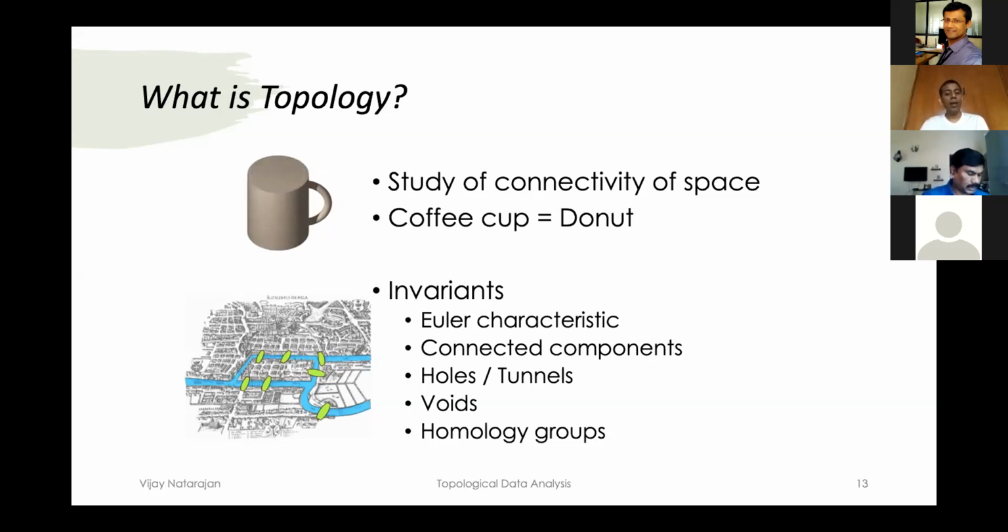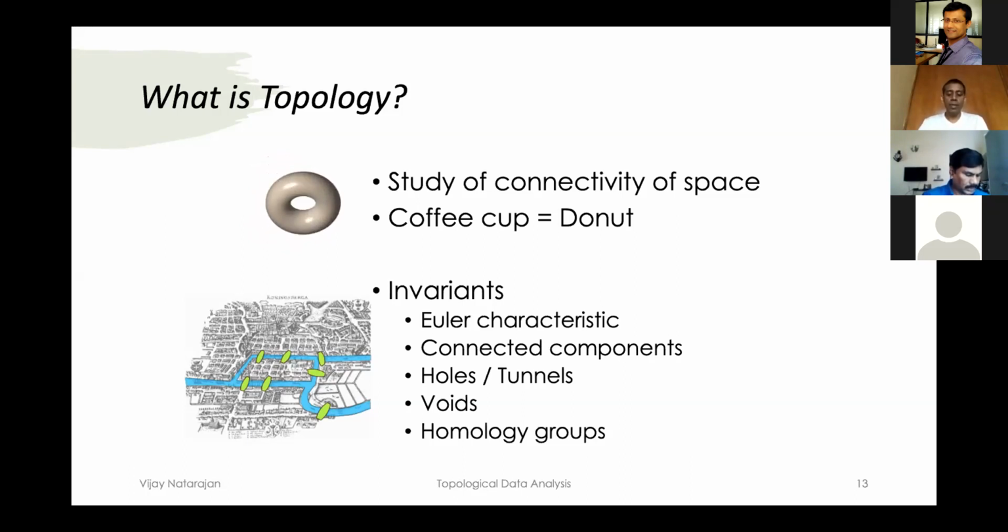Another invariant is connected components. How many connected components do you have? These are interesting invariants for one-dimensional spaces like graphs. When you go to higher dimensional spaces, you talk about other invariants. For example, how many holes do you have? How many tunnels do you have in the space?